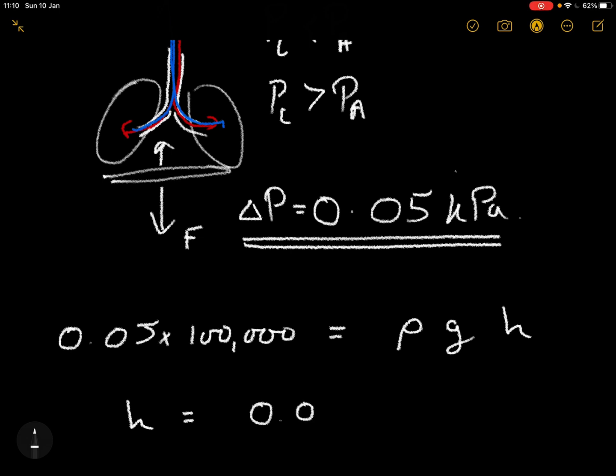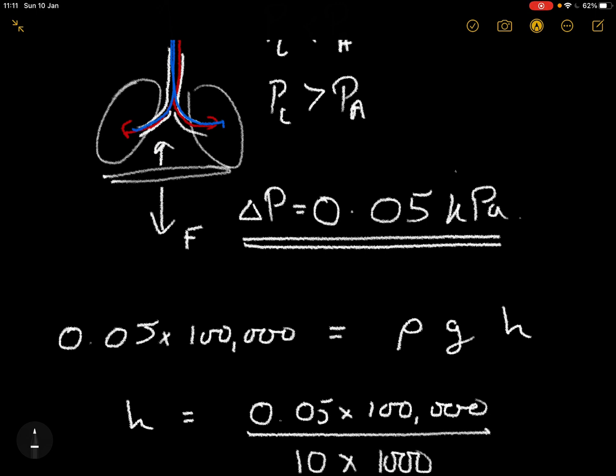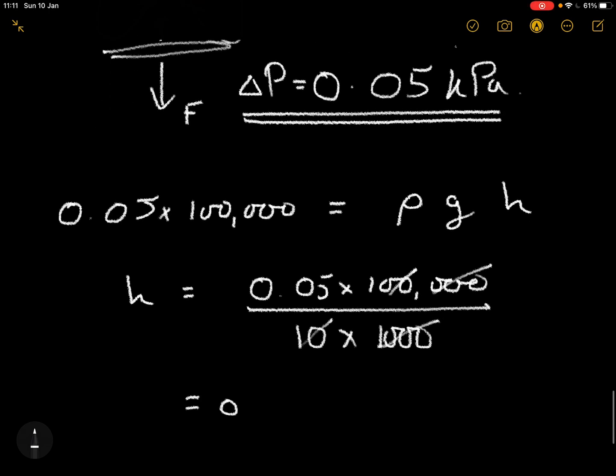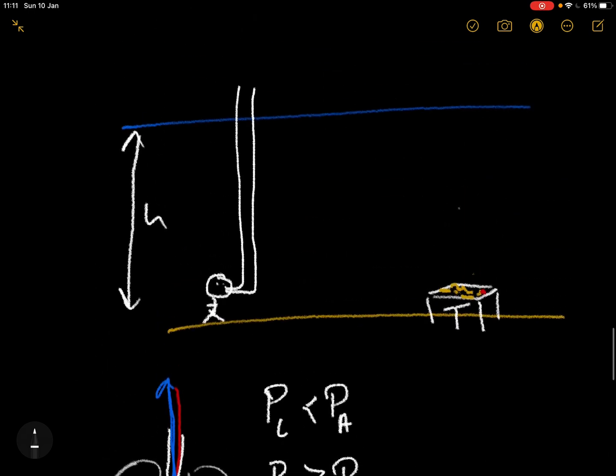So h is equal to 0.05 times 100,000 over 10 times 1,000. Cancel that with that, cancel that with that. So we've got 0.05 times 10, which is 0.5 meters. That is the limit of the snorkel.